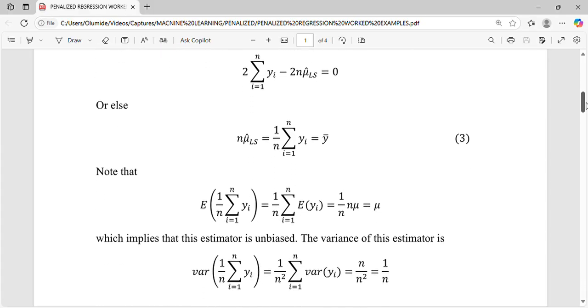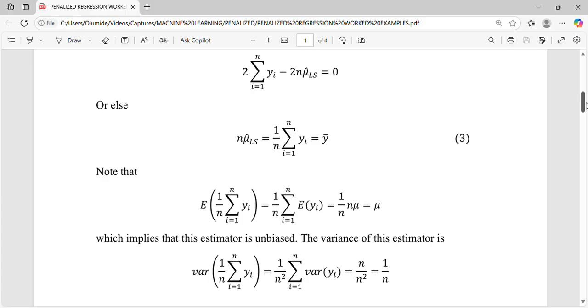Now, talking about biasness, an estimator is said to be unbiased when the expectation of the estimator is equal to mu, that is the mean. Looking at equation 3, we find the expectation of that, which is 1 over n summation of the expectation of y hat.